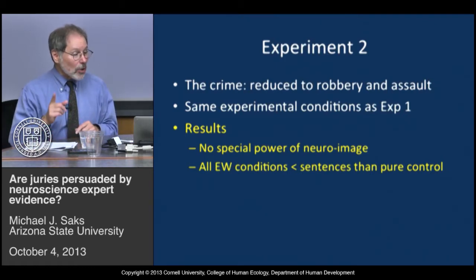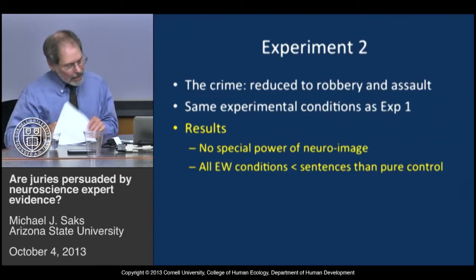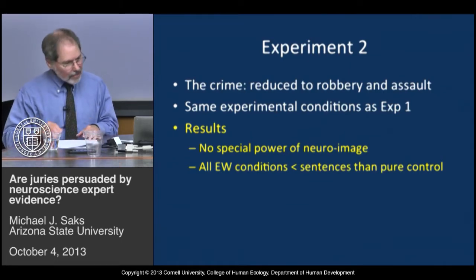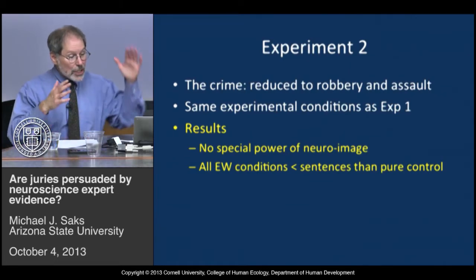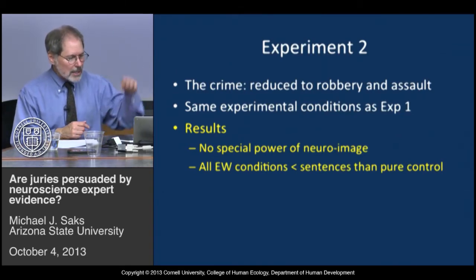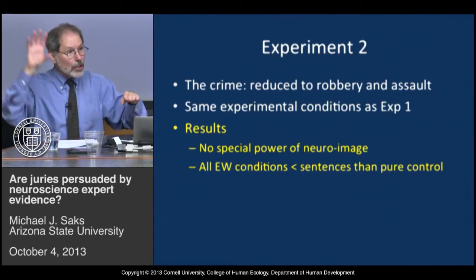All the expert witness conditions, including the clinical psychologist, I think I'm getting this right, produced sentences that were lower, or verdicts that were lower. But we also asked for sentences. How long would you lock this person up? They were lower than the control condition.